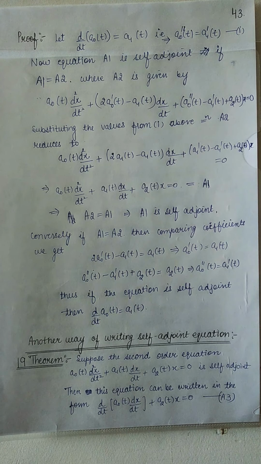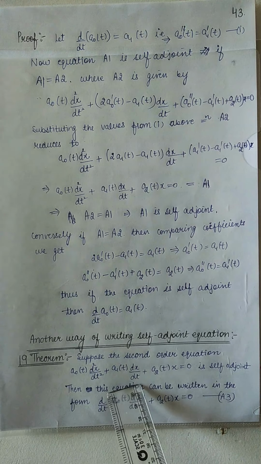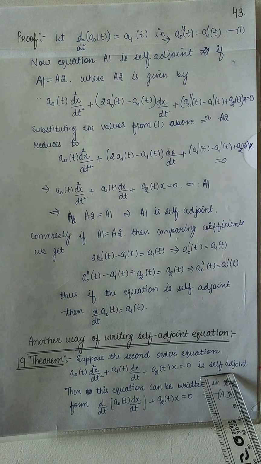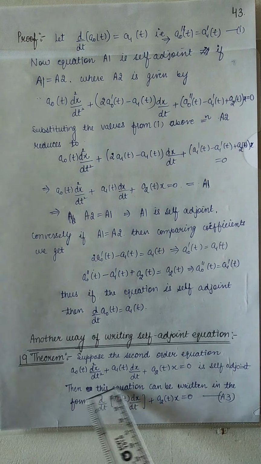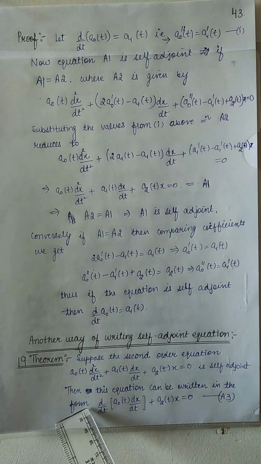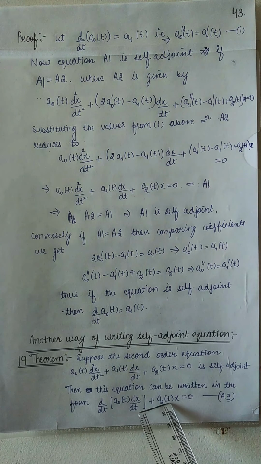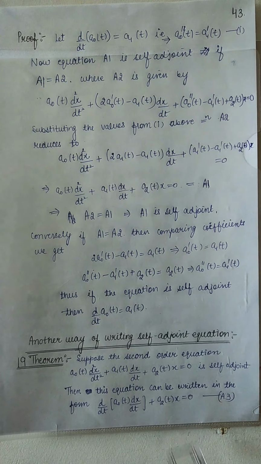So let's start the statement. Suppose the second order equation a naught t d square x by dt square plus a1 t dx by dt plus a2 t x is equal to 0 is self-adjoint. Then this equation can be written in the form d by dt of a naught t dx by dt plus a2 t x is equal to 0.